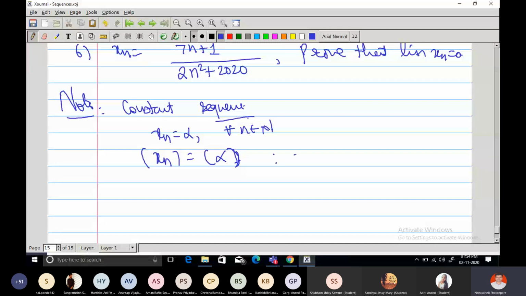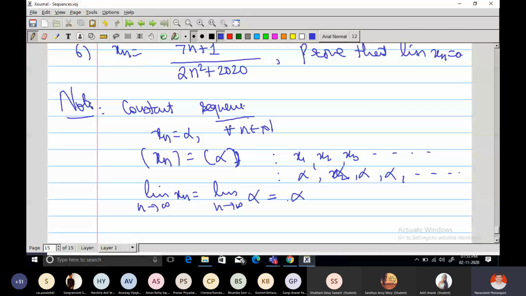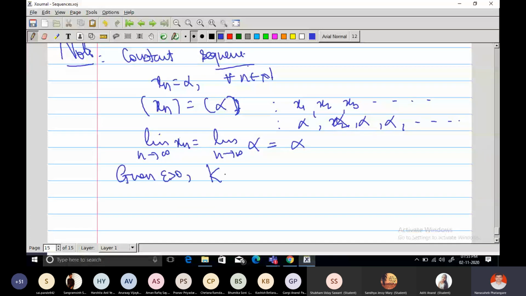So what are the terms x1, x2, x3 and so on? x1 is alpha, x2 is alpha, x3 is alpha, x4 is alpha. All terms are alpha. Then what is the limit of xn? When I say limit, it means the limit as n tends to infinity of alpha. What is the limit? The same number. Why? By the definition of limit, given any epsilon, I will choose k equal to 1.